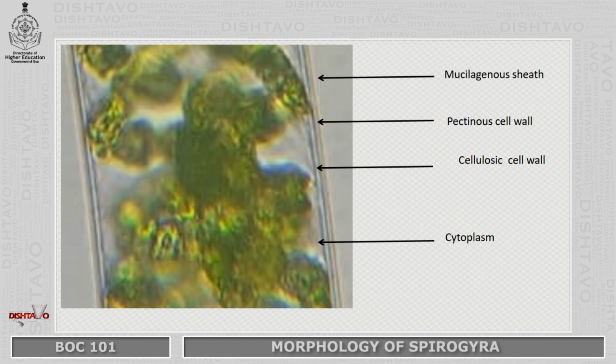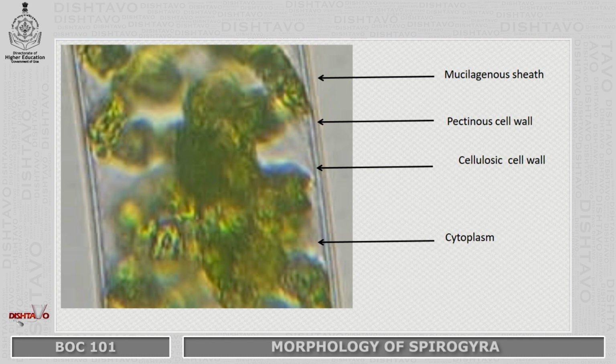So, in this picture you are seeing only the cell wall structure. You can see that there are clearly earmarked 3 layers. The outermost layer is formed by the pectin, which has mixed with the water and forms a mucilaginous sheath. Then the middle layer is the pectinous layer, or the outer layer of the cell wall, and then you have the inner layer, which is the cellulosic cell wall.